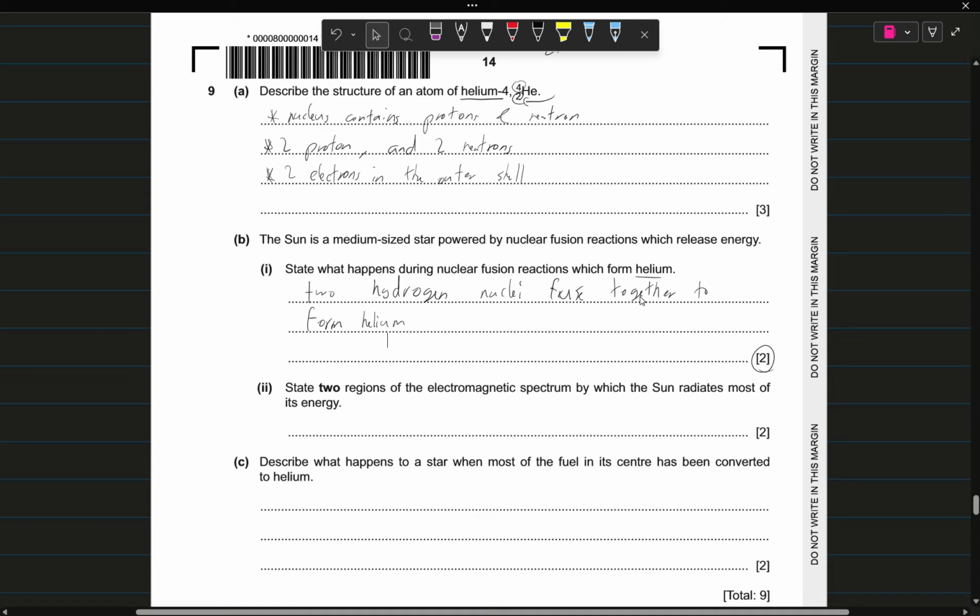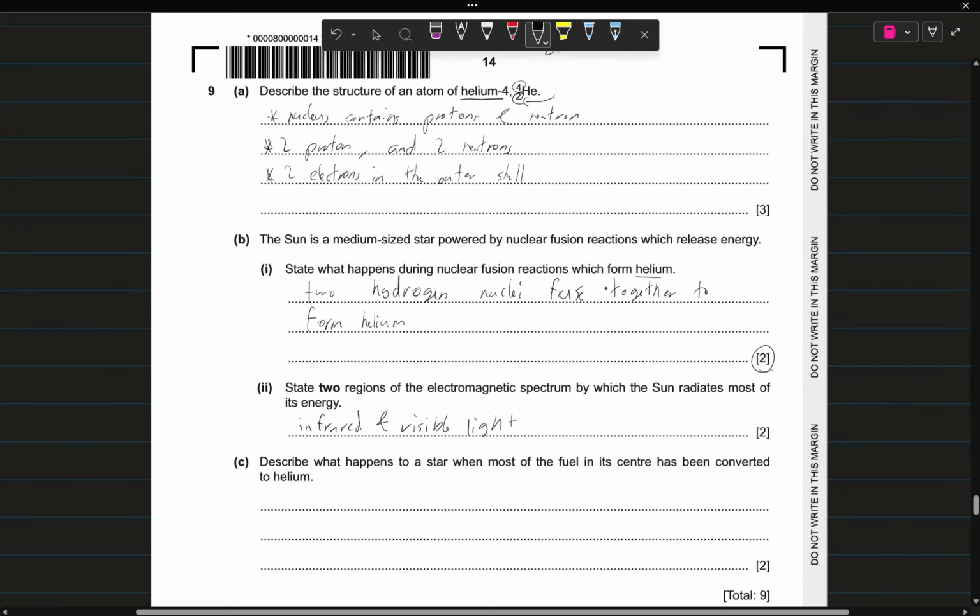So these will be the most radiation coming from the sun. You can choose infrared or visible light, infrared and ultraviolet, or visible light and ultraviolet. It's up to you. I will choose infrared and visible light.